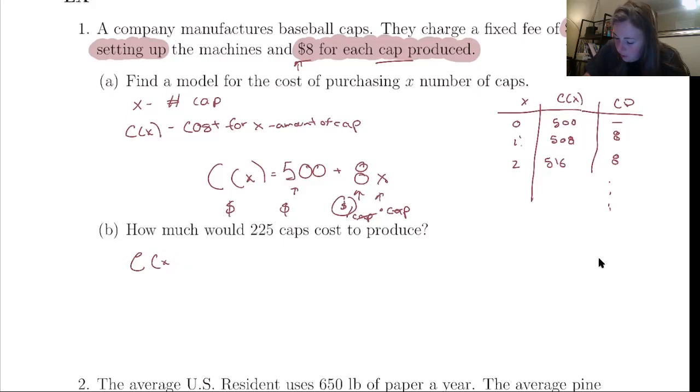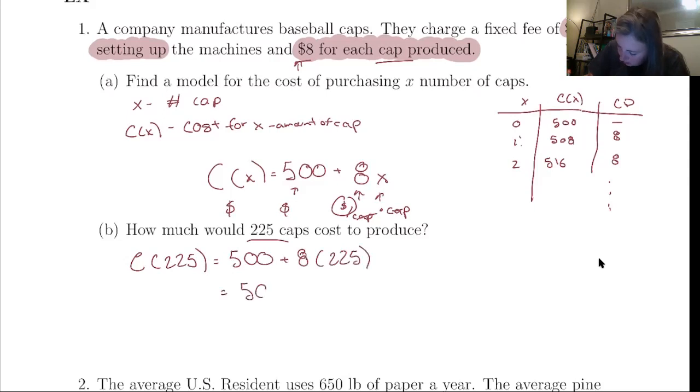Okay. So we have function notation now. If I want to find how much 225 caps would cost, I could call that C of 225, because I know what X is. It's 225. Plus 8 times 225.